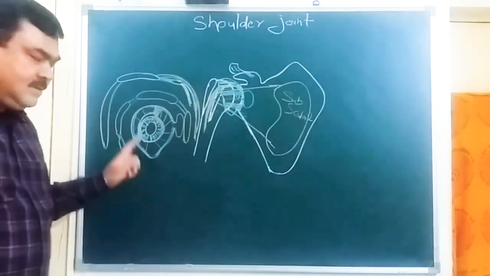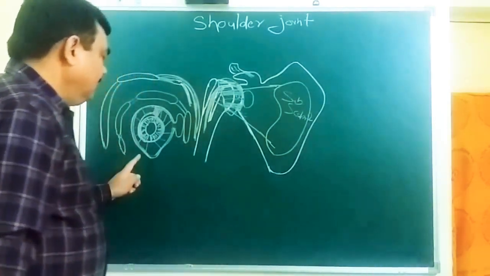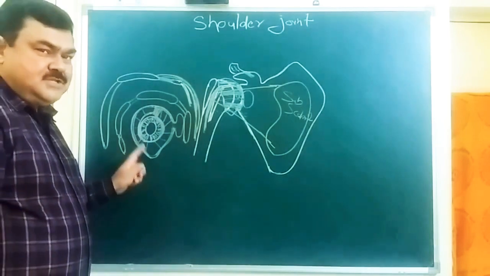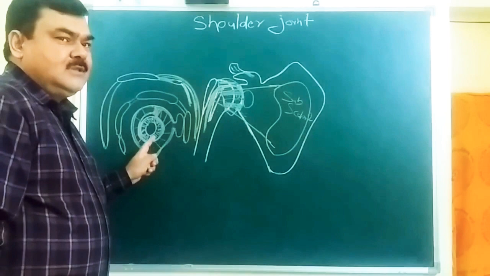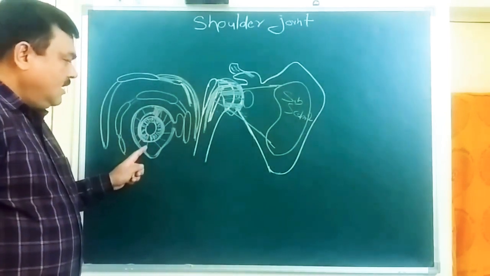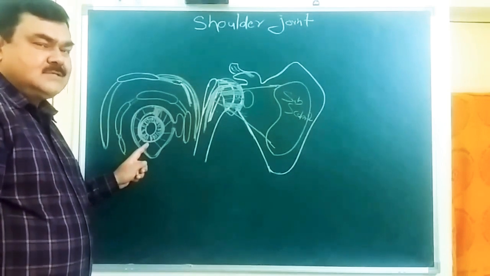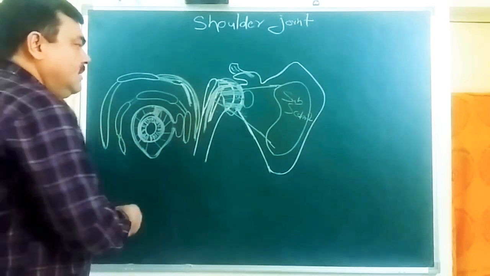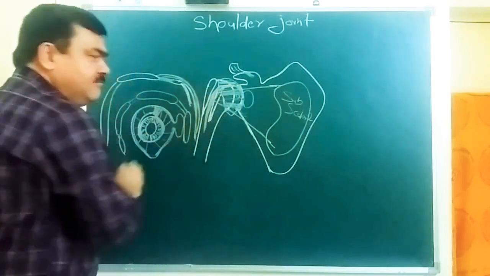Inferiorly again, there is no structure. So inferiorly, this joint is very weak, and this is the reason why dislocation of shoulder joint is infraglenoid dislocation or subglenoid dislocation. This is glenoid cavity. This dislocates toward the inferior side.